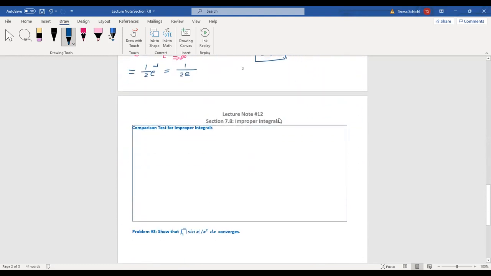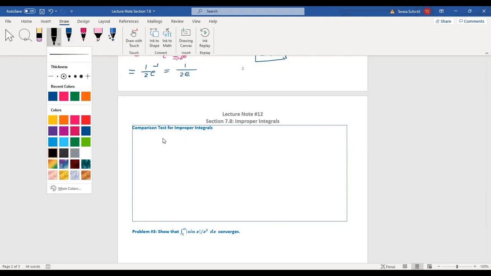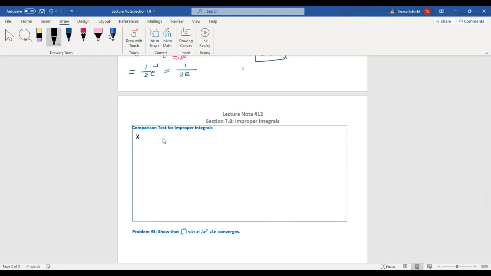Okay, so what we call the comparison test is basically that you compare two functions. It's kind of intuitively true also.